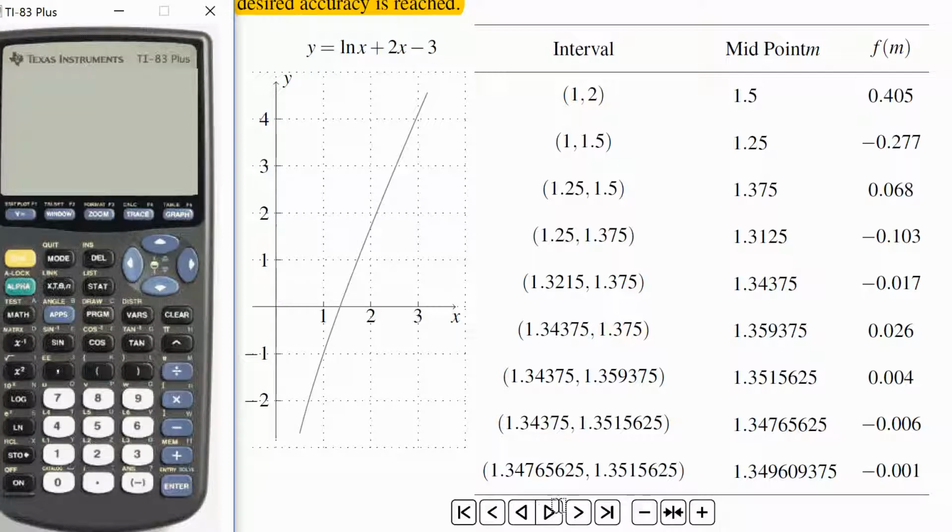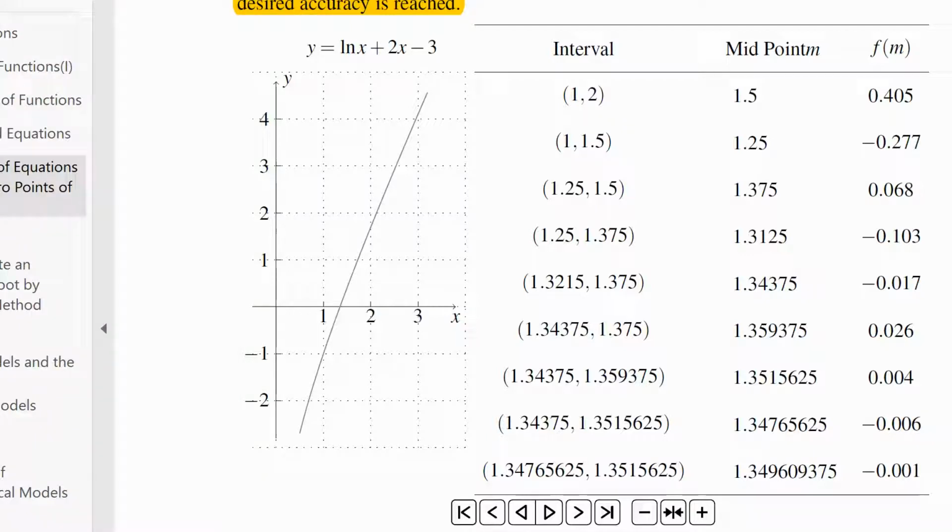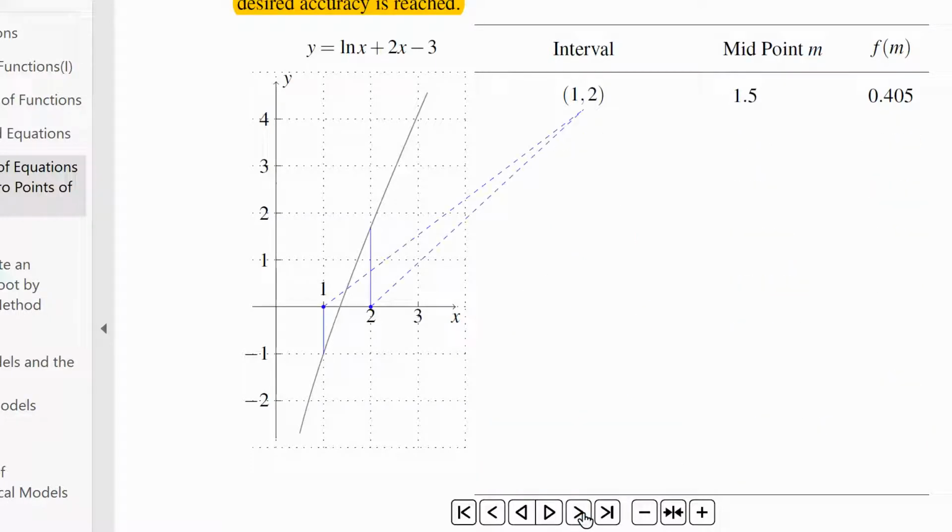Here is the dynamic way to show you step by step. You see, you click on that, it tells you, you have two boundary points, and here is the middle point.